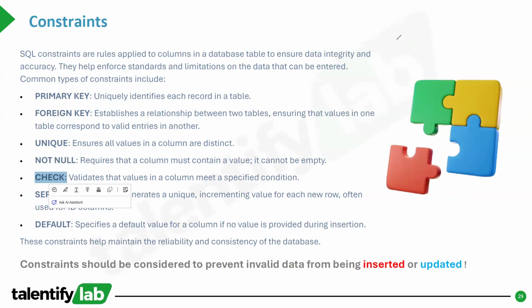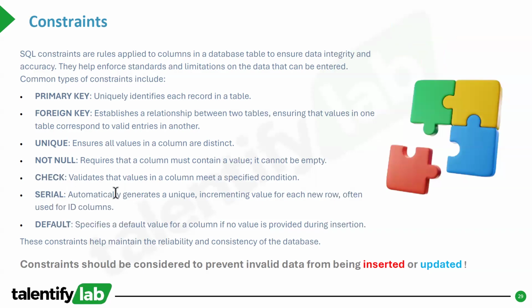For example, in the age column, you will put a rule. That rule will be the age must be greater than 18, or the age must be between 18 and 65. Otherwise, you cannot add that record here. You can put your own rule with check constraint. Check means the custom constraint.